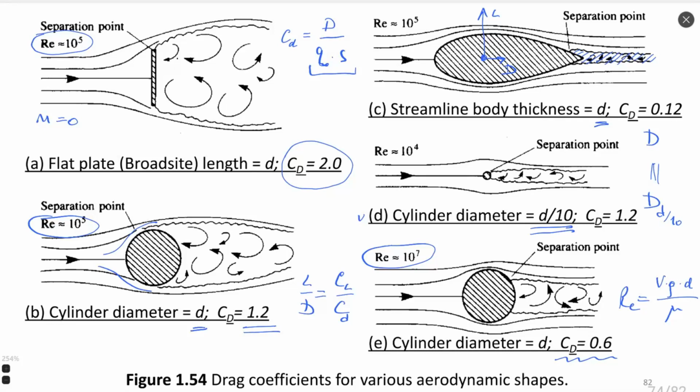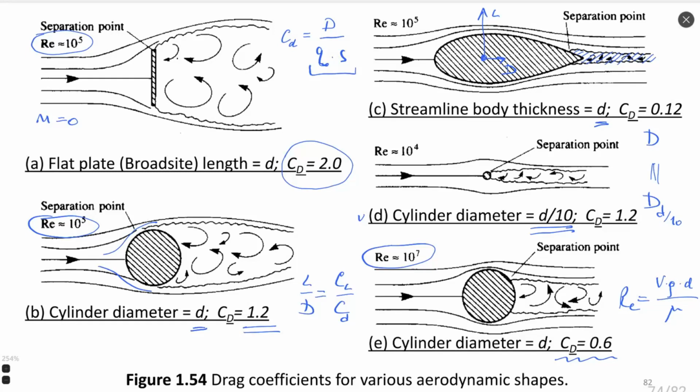We cannot change air, because if an airplane flies in air, it will be almost the same value of density and viscosity for the same altitude of flight. So we cannot control these two parameters, but we can control velocity and size, diameter. In such a way, we can significantly control the value of Reynolds number, and by this, we also control the drag coefficient.